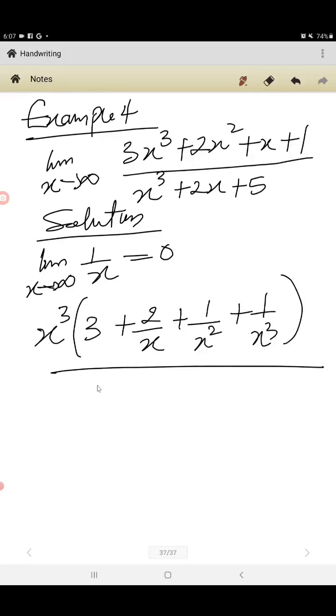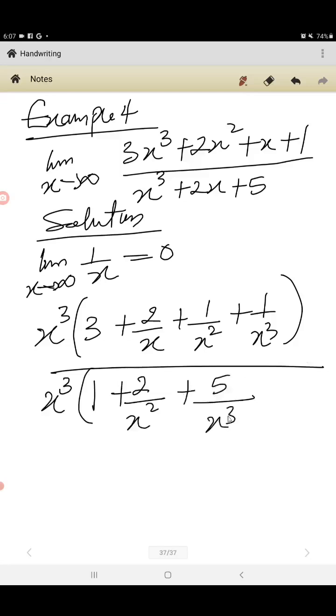For the denominator, let's also take out x cubed. We say 1 plus 2 over x squared plus 5 over x cubed. So by the time you multiply x cubed with this, it also gives you 5. By the time you multiply x cubed with 2 over x squared, it will also give you 2x. So we are only using logic.